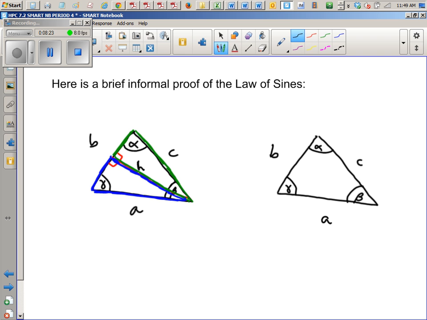Isn't it true that in the green triangle, sine of alpha is H over C? Because opposite of hypotenuse in this green right triangle would be H, which is across from alpha, divided by the hypotenuse C. Okay? And in the blue triangle, we could write sine of gamma equals H over A. See?